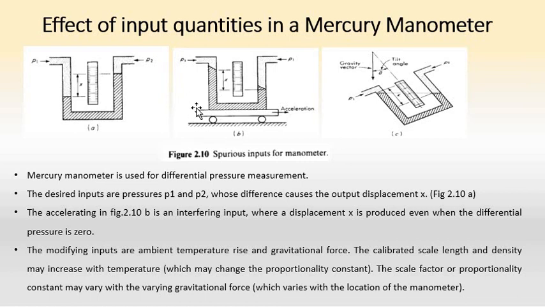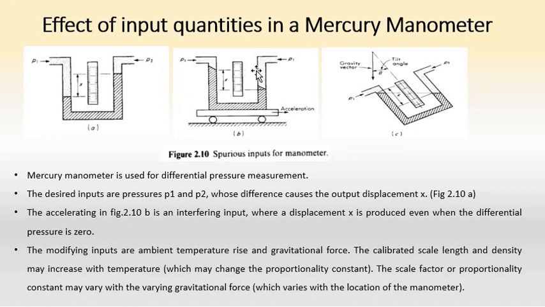When the ambient temperature increases, the density changes. As the room temperature increases, the calibration scale may also increase in length, and the density may change. As a result, the scale factor or the proportionality constant may vary, which is an error.